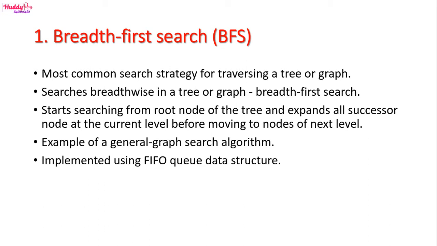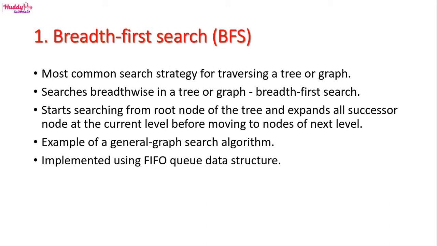This is the BFS, in short, breadth first search. The breadth first search is the most common search strategy for traversing a tree or a graph. This algorithm searches breadth-wise in a tree or a graph, so that's why it's called the breadth first search.